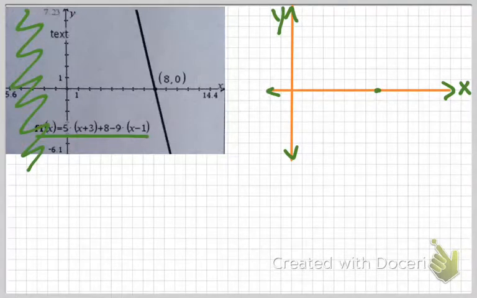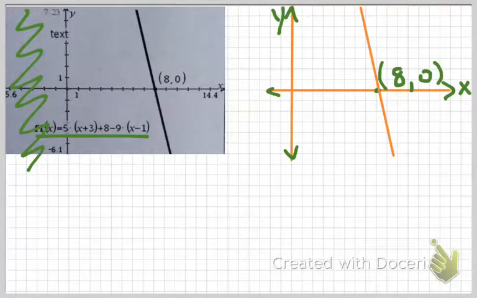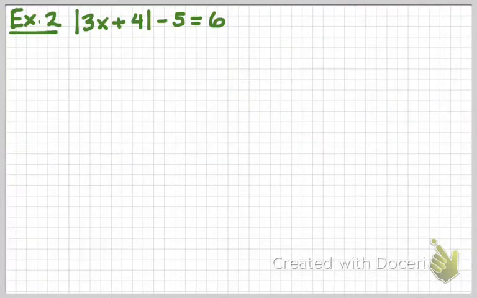And I'm not particularly worried about whether or not it's perfect in terms of its slant for the purposes of this lesson, but you want it to be sort of a rough approximation of what your graph looked like with the point labeled. And there's our point. So that's example 1, and that is the one to use to do 1 through 5 from your sheet. Now let's go on to example 2, which is for 6 through 9.